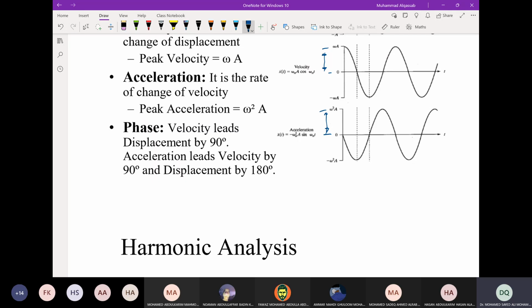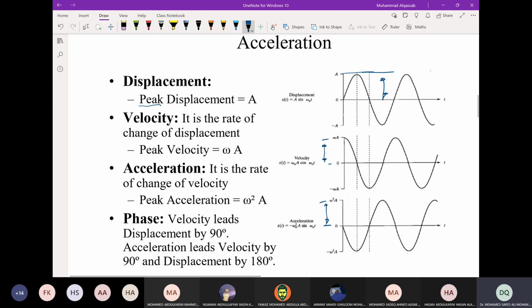So if you are using sensors to measure the vibration, there are sensors that measure displacement, and there are sensors that measure velocity, and there are sensors that measure acceleration.